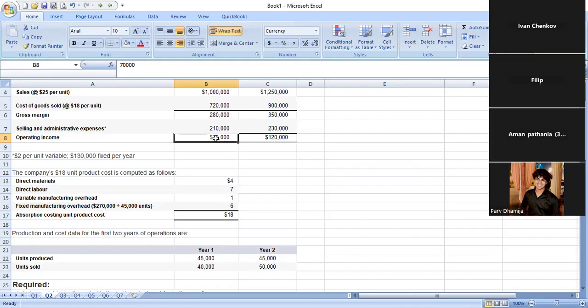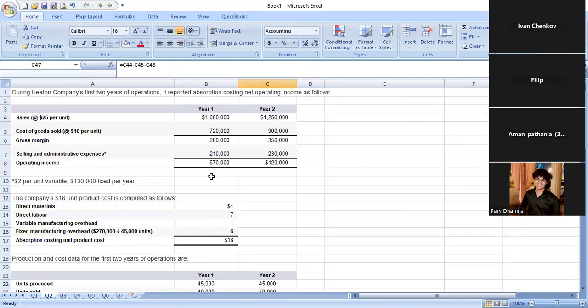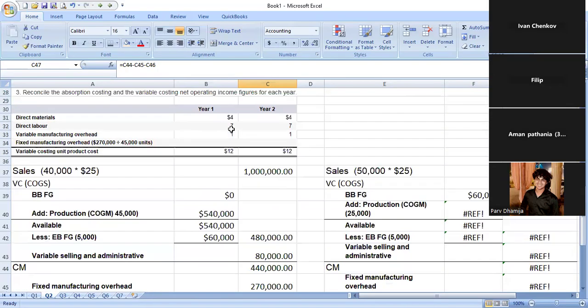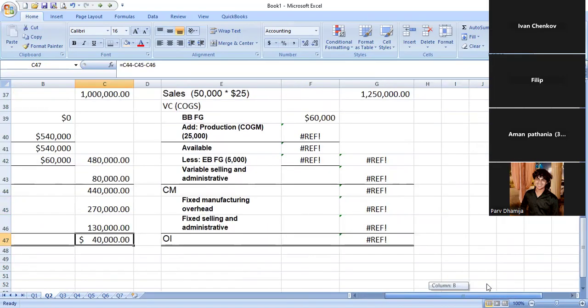So that explains how in absorption we have 70,000, and in the variable we have only 40,000. The $30,000 in absorption are held in our inventory, whereas in the variable they are released through the fixed manufacturing overhead, directly into the operating income.